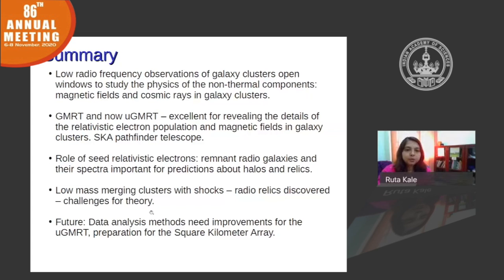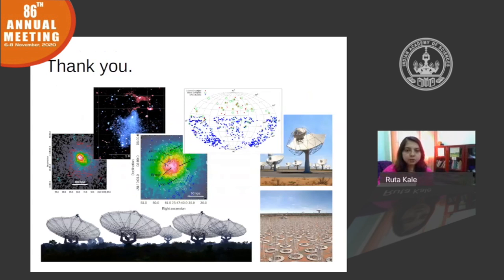I showed you examples of the role of seed relativistic electrons and low mass merging clusters where we are finding some surprising results. We are also pursuing improvements in analysis methods and still learning along the way. So I will stop here.